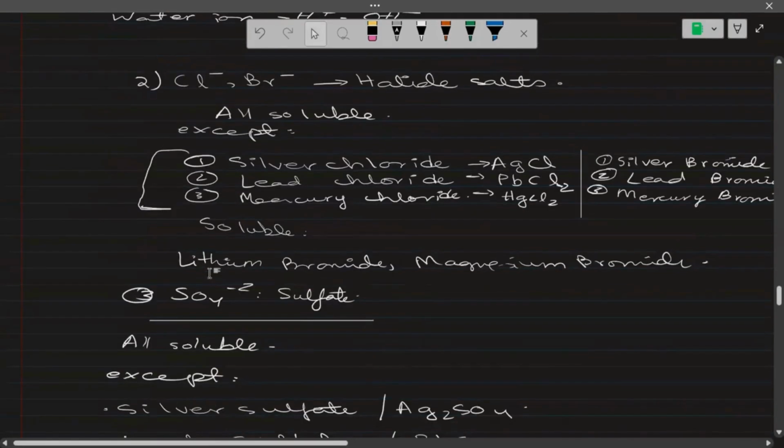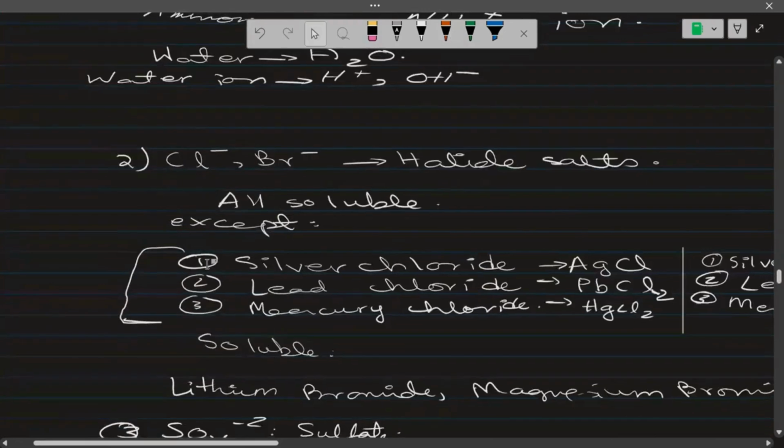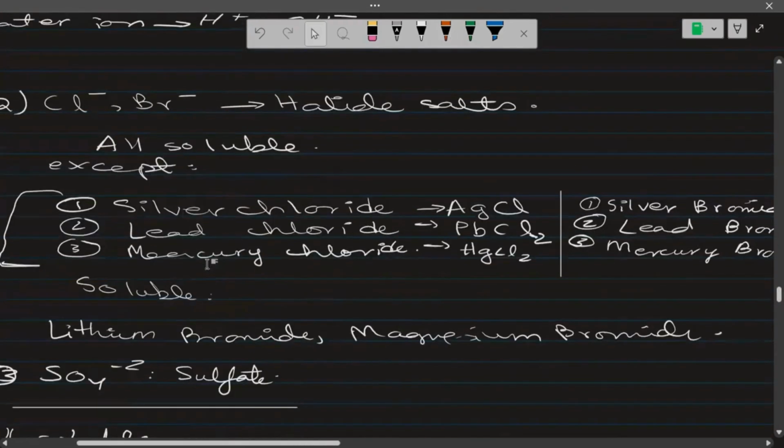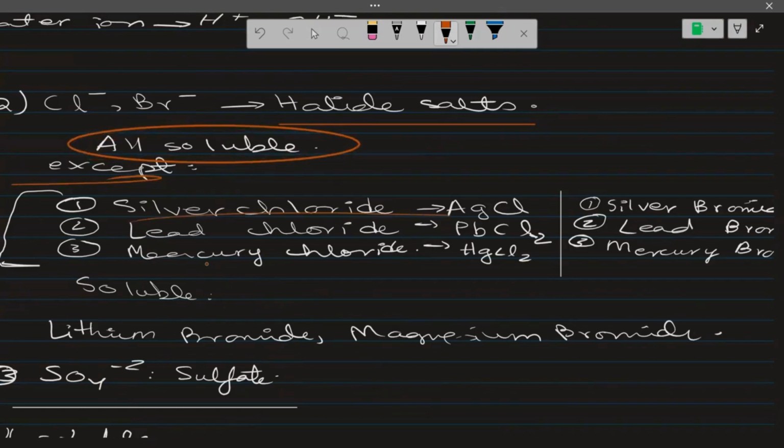Now let's come to the second rule, chloride and bromide. They are basically halide salts, and in this, all are soluble except silver chloride, lead chloride, and mercury chloride.